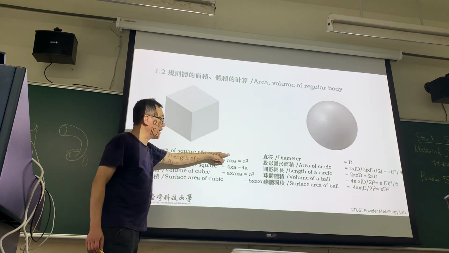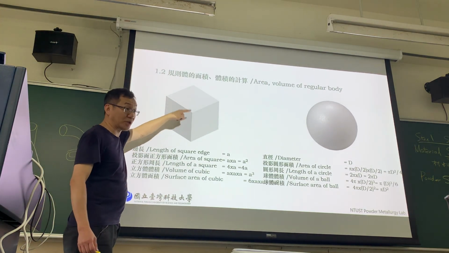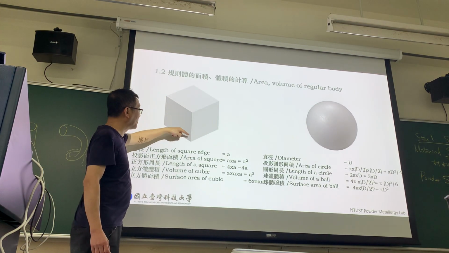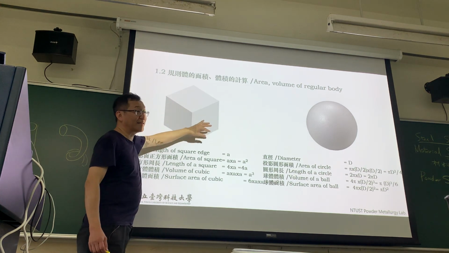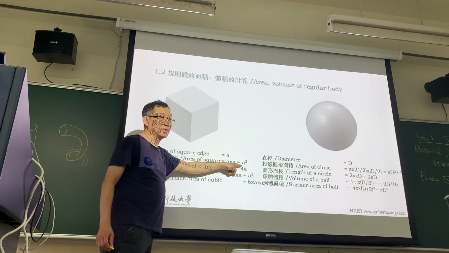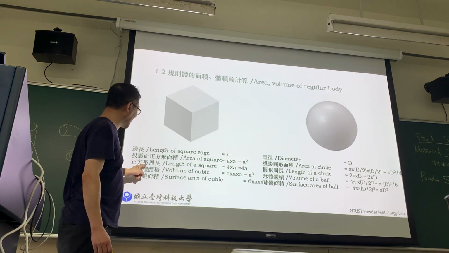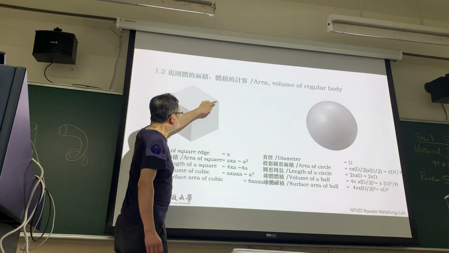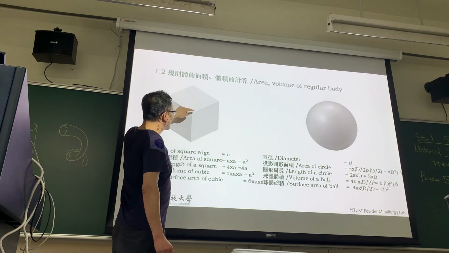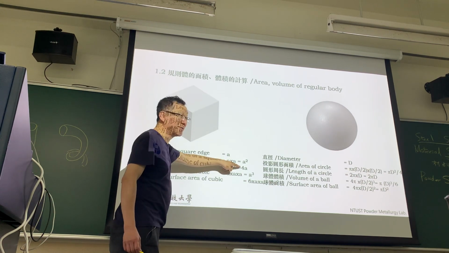Right here it's an edge. We call one edge A. Because this one is a cubic, every surface, every side is the same. It's A squared. So the total is 6 squares. The total of the side edges is 12A.